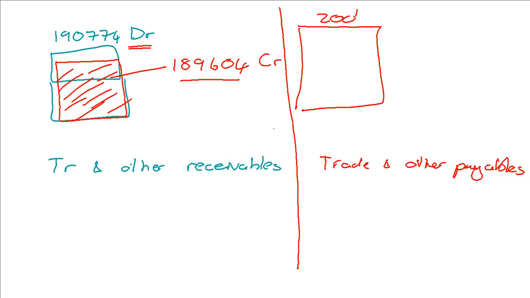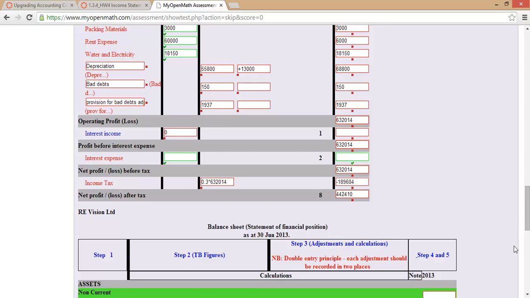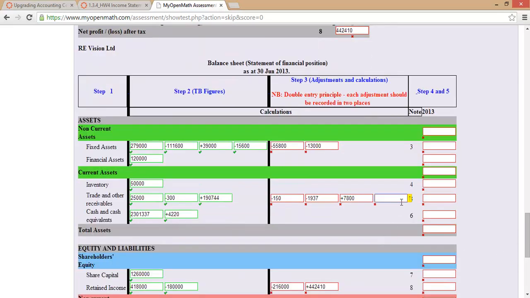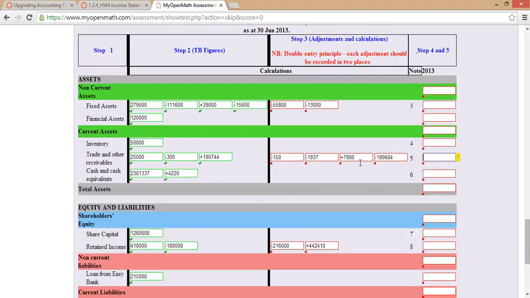As you can see, this 189 has eaten into this receivable, so the receivable has been decreased. So I'm going to decrease my receivable with the 189,604. Good. And once we've done that, we've now included all the line items that we need to include and all the adjustments, and we can simply go and total up each line item and determine the subtotals. So I'm quickly going to do that.